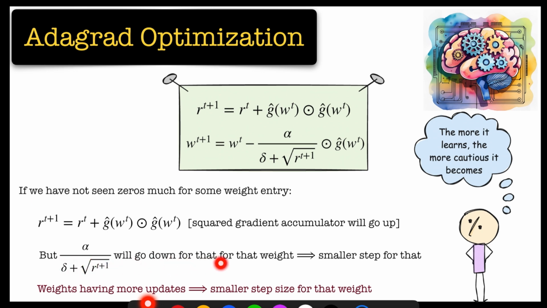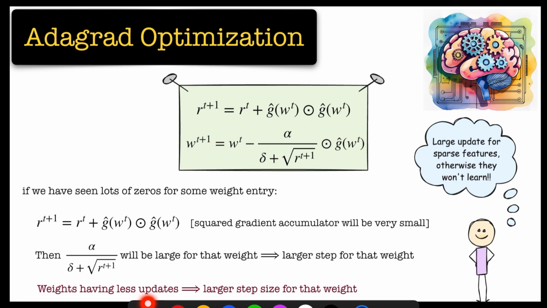So we'll take a smaller step for that weight. Weights having more updates, non-sparse features basically, will take a smaller step size. So the more it learns, the more cautious it becomes.